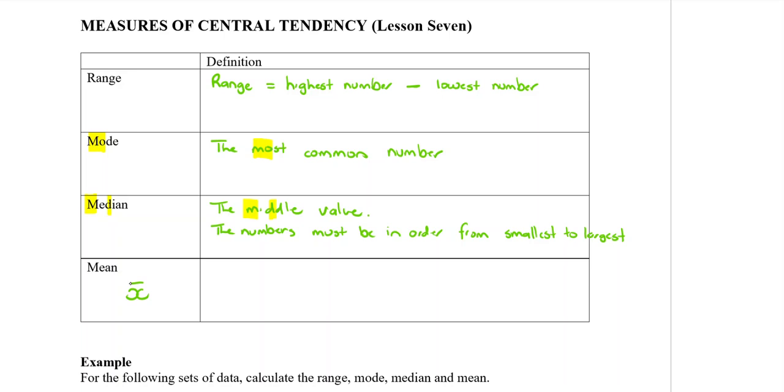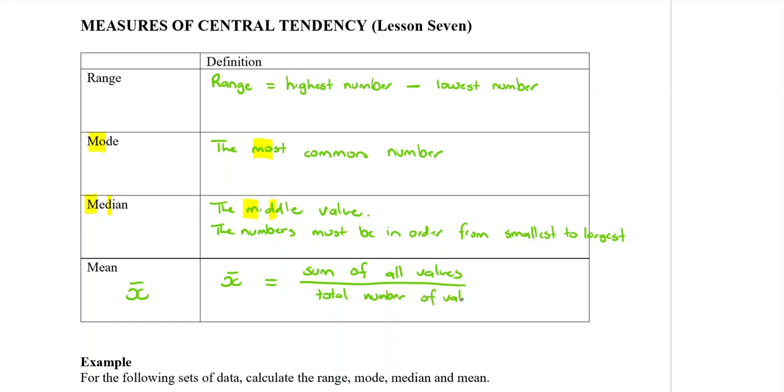You've probably heard that word before. To find it, there is a little formula. So there's my symbol. Mean is going to be equal to the sum of all values over the total number of values.